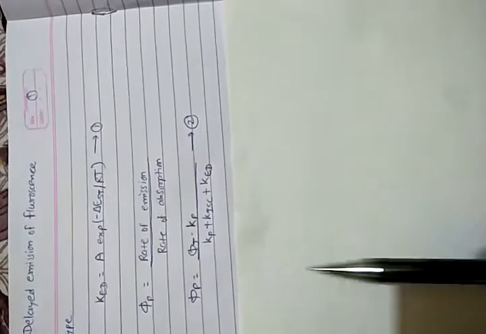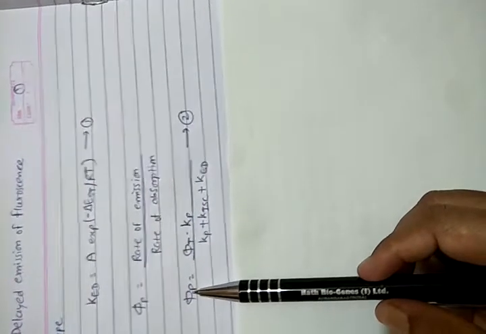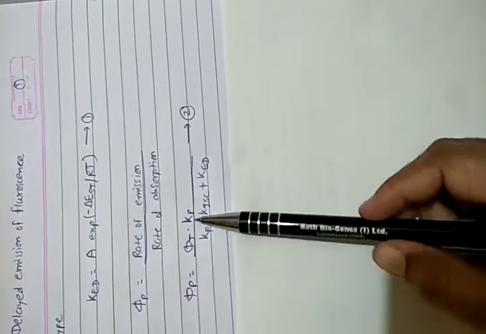Now when you have to know about the quantum efficiency of phosphorescence, you will write the formula that quantum efficiency is equal to rate of emission to that of rate of absorption. So the quantum efficiency for that process, as it is a phosphorescence process, we have already seen in the earlier lectures about this equation.